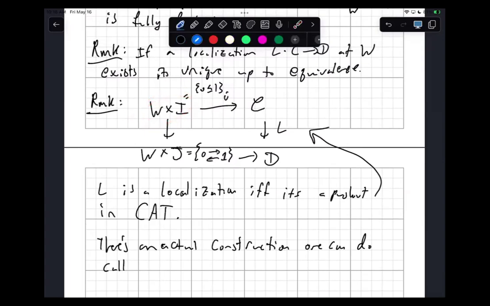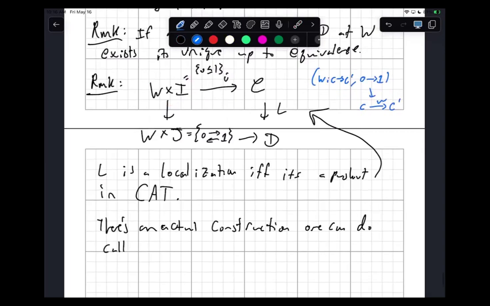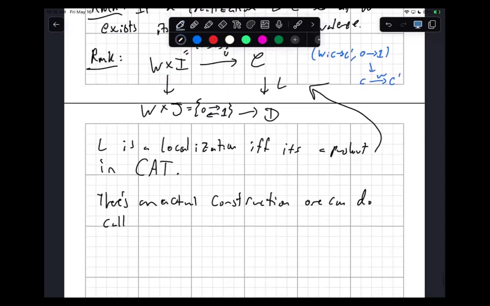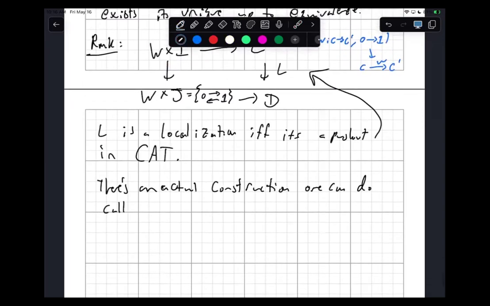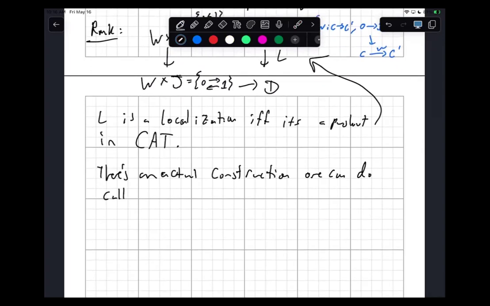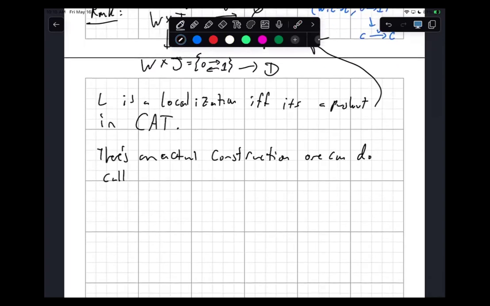I want to take something like W, which is a morphism in my category, and I want to take the walking arrow, and I want to map that to the actual morphism in C. So basically W indexes the arrows that are supposed to be inverted. Okay, exactly. W is basically an indexing set. Yep. Perfect.